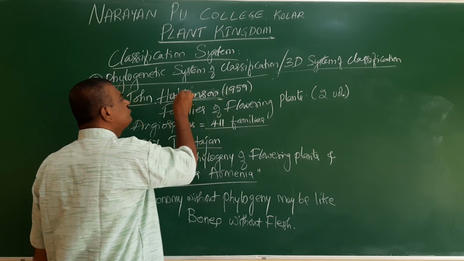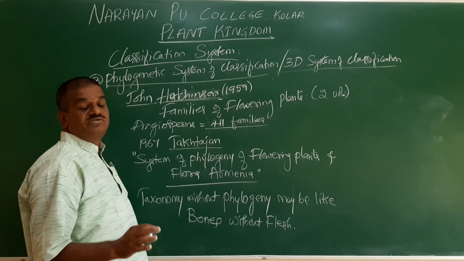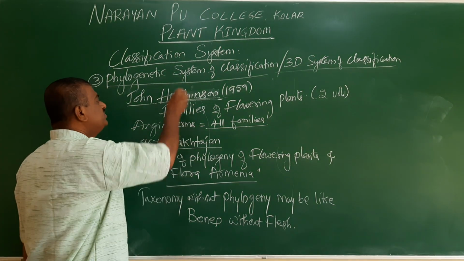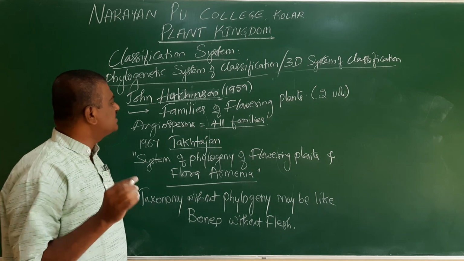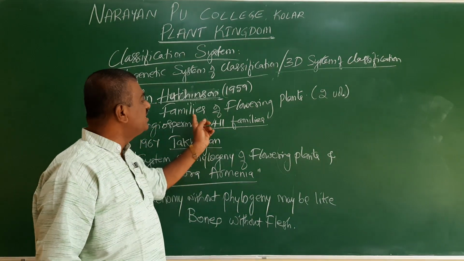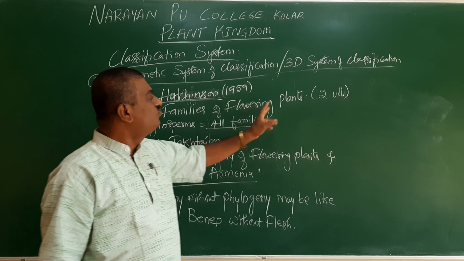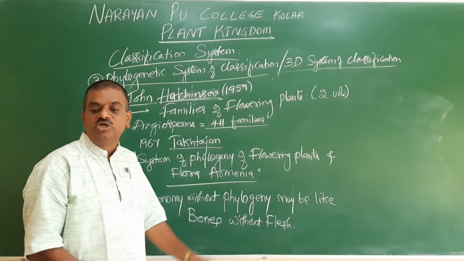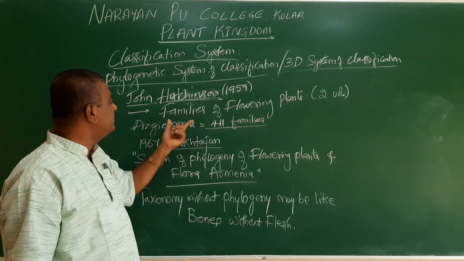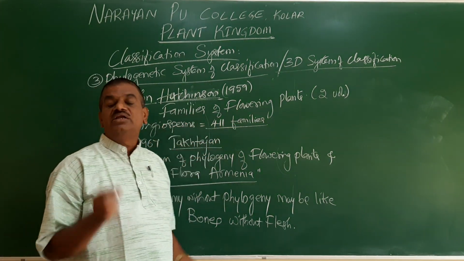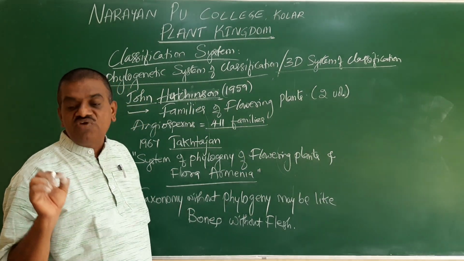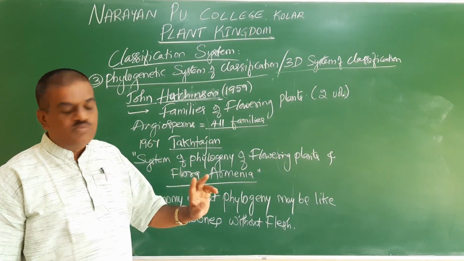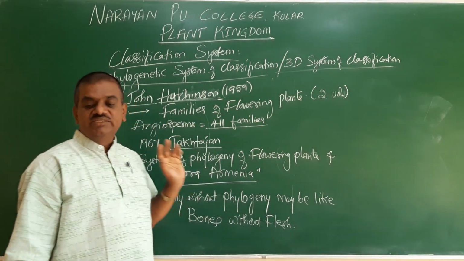He has written a book called The Families of Flowering Plants, in two volumes, and this person has divided the angiosperms into 411 families.